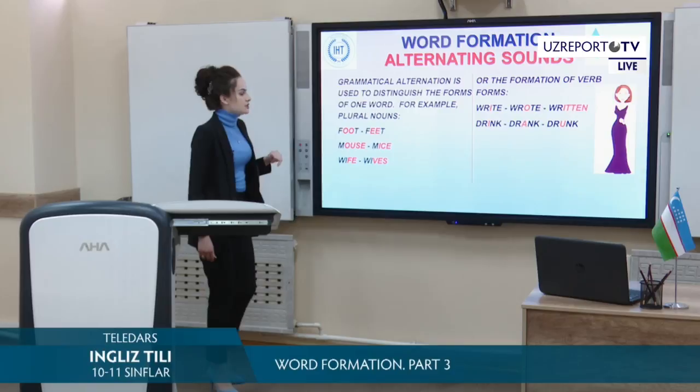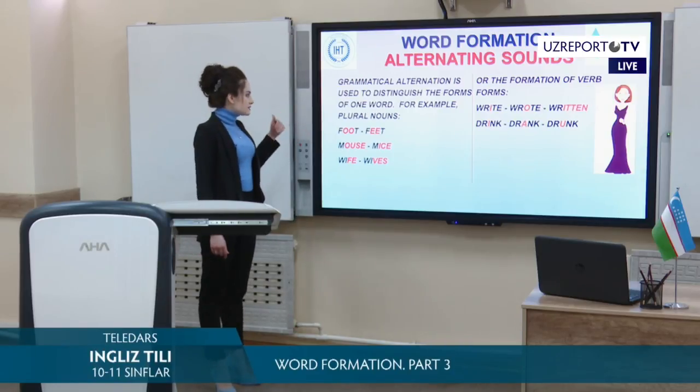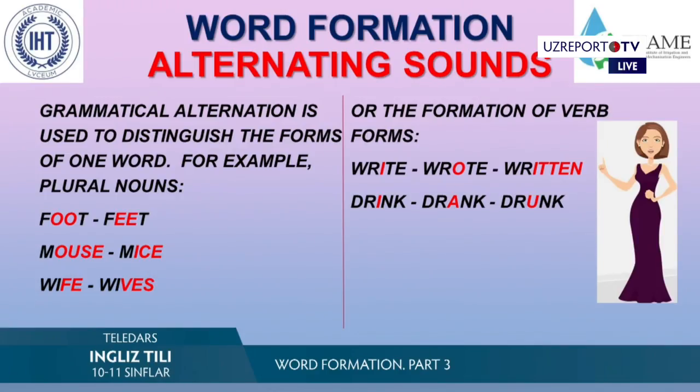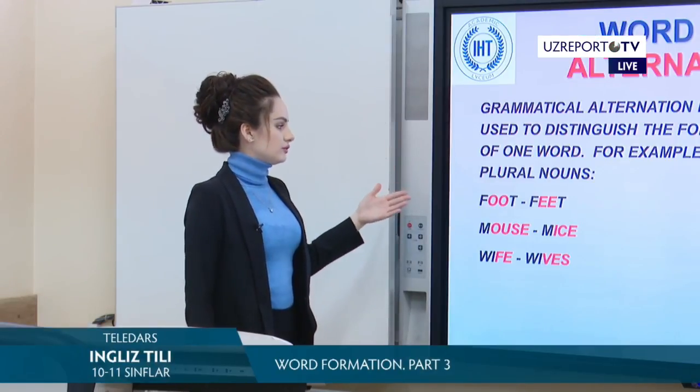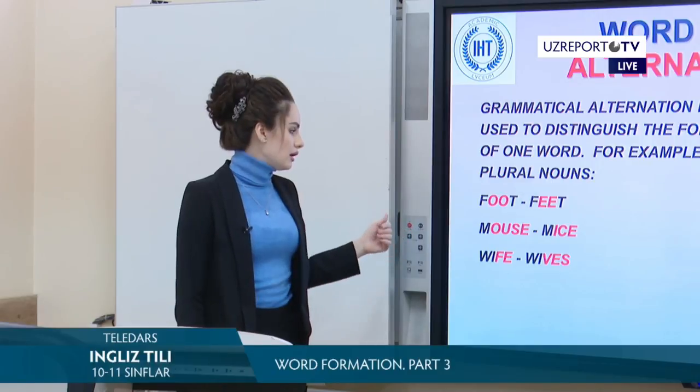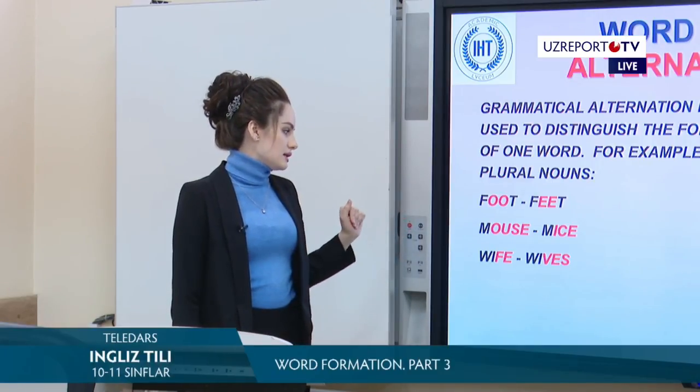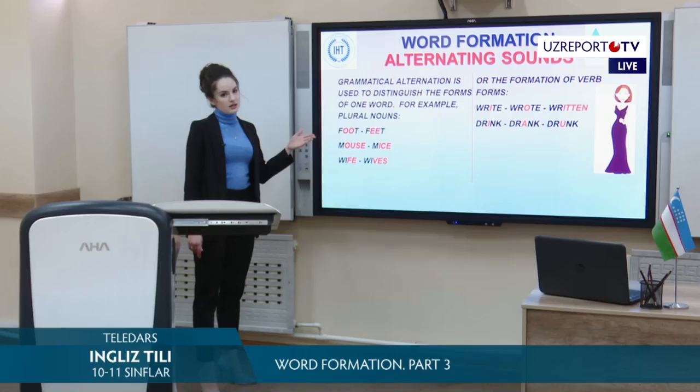Grammatical alternation is created, first of all, by the plural form of nouns. In one of the previous lessons, we were discussing nouns and articles. So let's come back to this topic, but in another meaning, as alternating sounds. So foot, feet, plural form, mouse, mice, wife, wives.